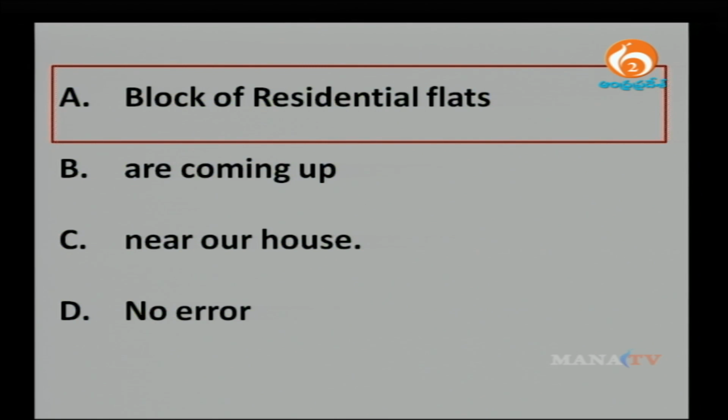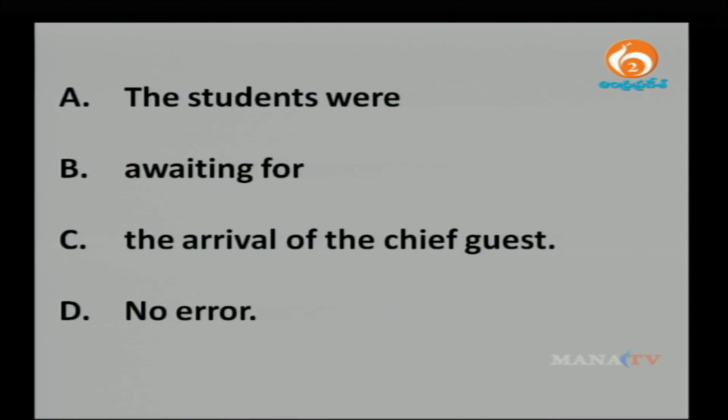A is the sentence which has the error. "Block of residential flats" should be "a block" or "blocks of residential flats are coming up near our house." So it's a singular plural issue there.